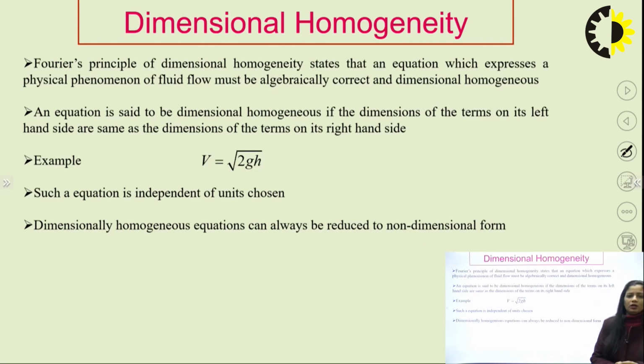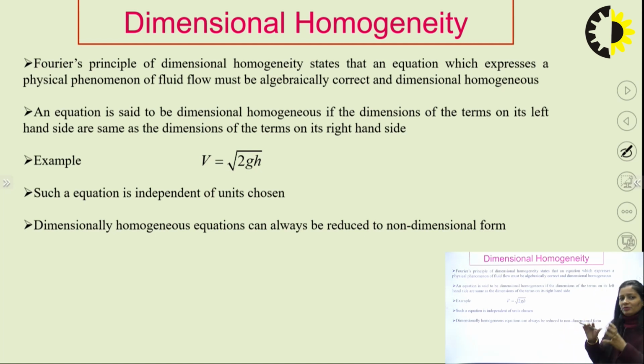Now, what is dimensional homogeneity? As I have already told you at the start of this lecture, dimensional homogeneity states that an equation which expresses a physical phenomenon of fluid flow must be algebraically correct and dimensionally homogeneous.